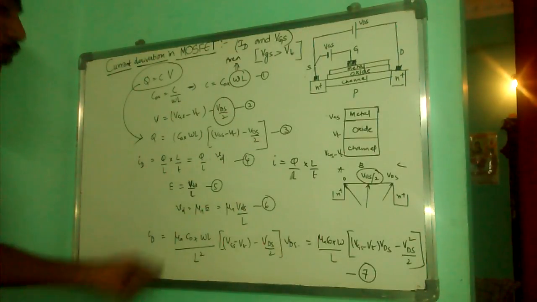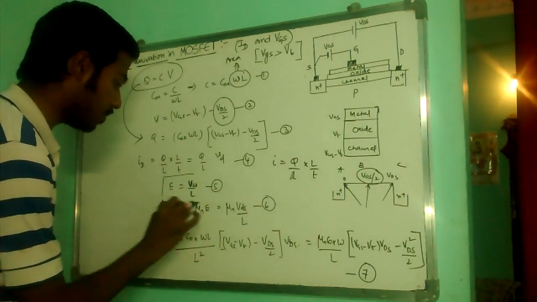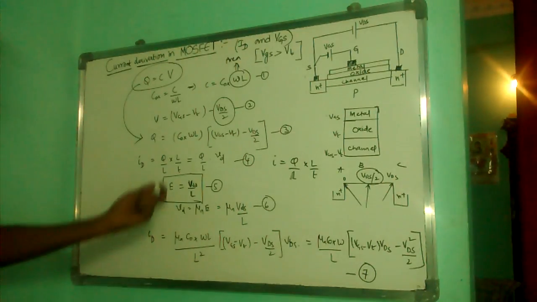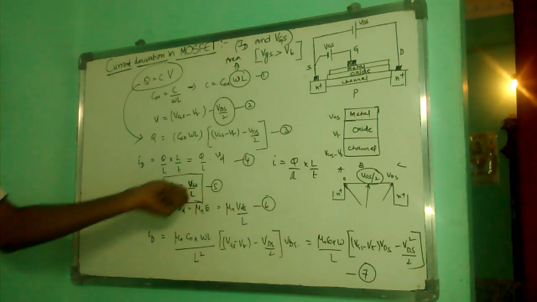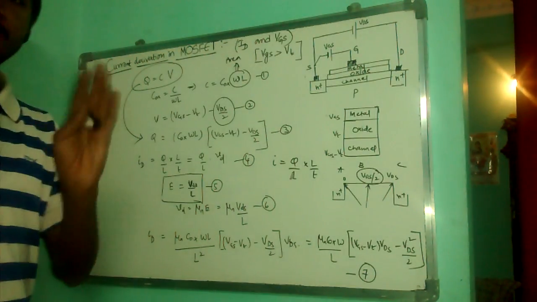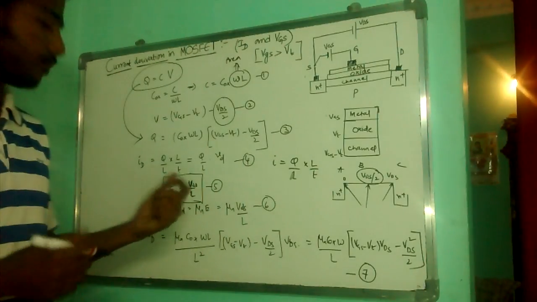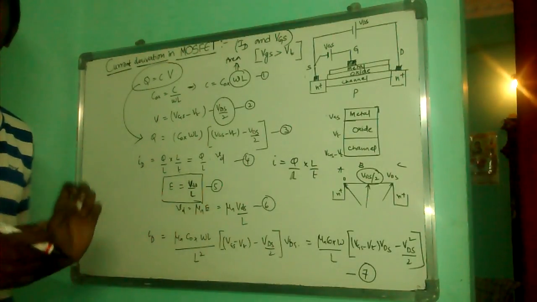We also know the electric field E equal to VDS by L, where VDS is the drain to source voltage; V by L is the electric field, potential per length.